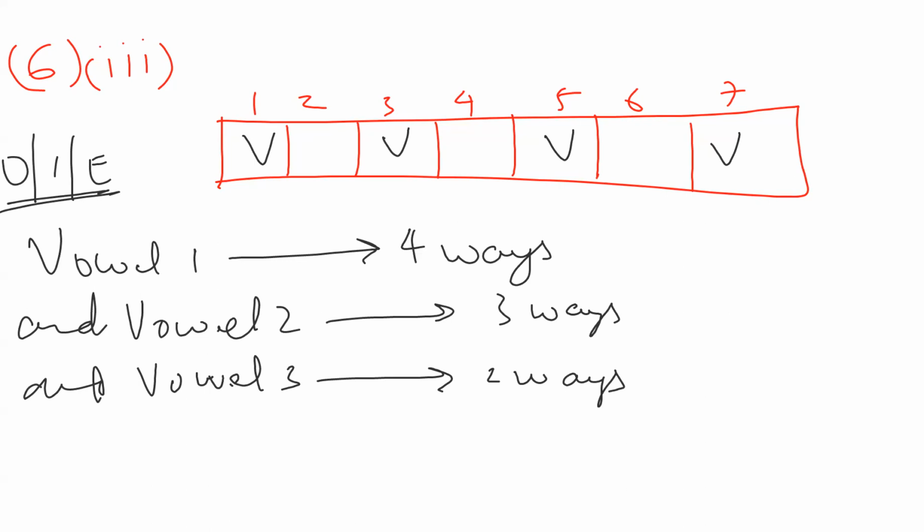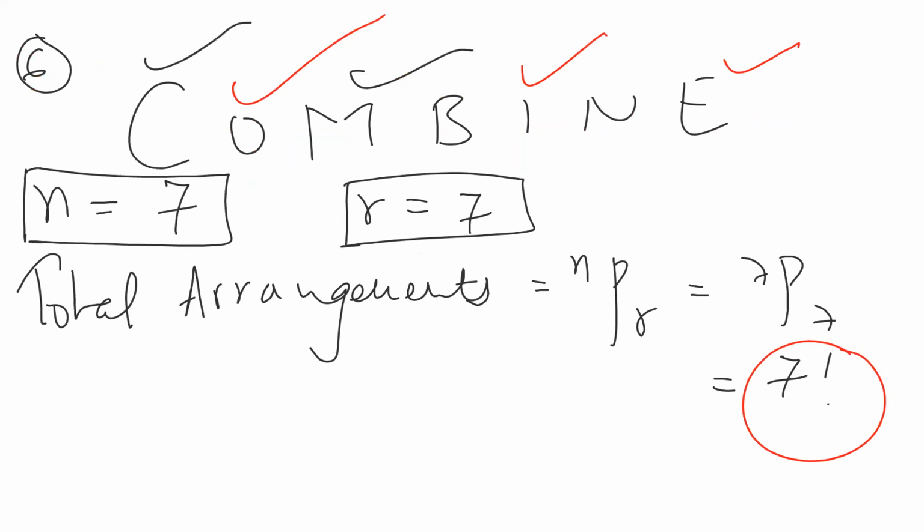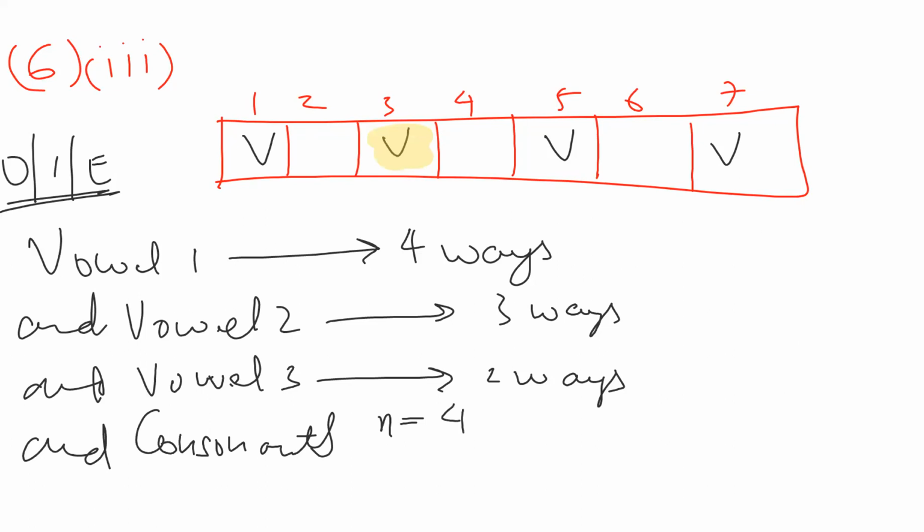But one place of the vowel places will not be utilized, because there are only three vowels. Now consonants: n is equal to how many consonants are there? Let us just go back to this. One, two, three, four. Four consonants are there, so n is equal to four objects. There are three places allotted for consonants, but then one place will be left vacant.